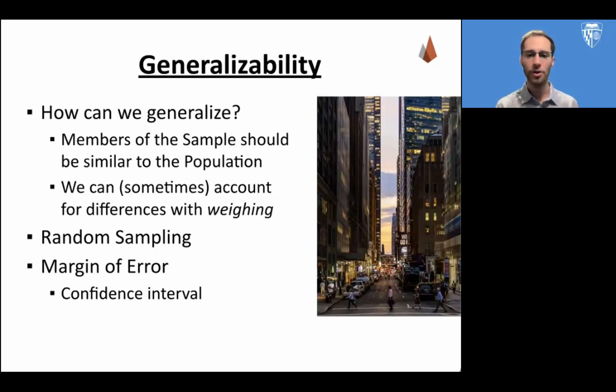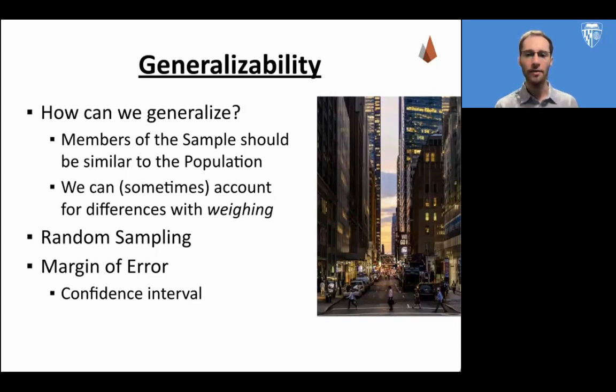And then we have what's called a margin of error. In polling data, that's usually how it's referred to. In other areas of social science, we sometimes call it a confidence interval. And this means that we would expect the mean to fall within a range of values most of the time.